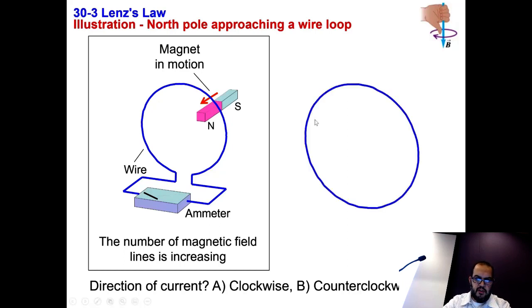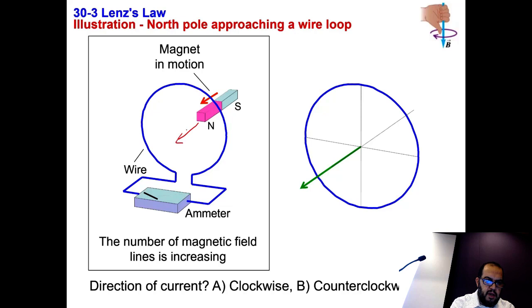Counterclockwise. So first of all, this is the magnetic field. Remember, the magnetic field goes out of the North Pole and towards the South Pole. So this is the direction of the magnetic field. And is it increasing or decreasing? The magnetic flux is increasing. So this is B increasing. Okay, so the induced magnetic field has to oppose that, so it's going to be in the opposite direction.